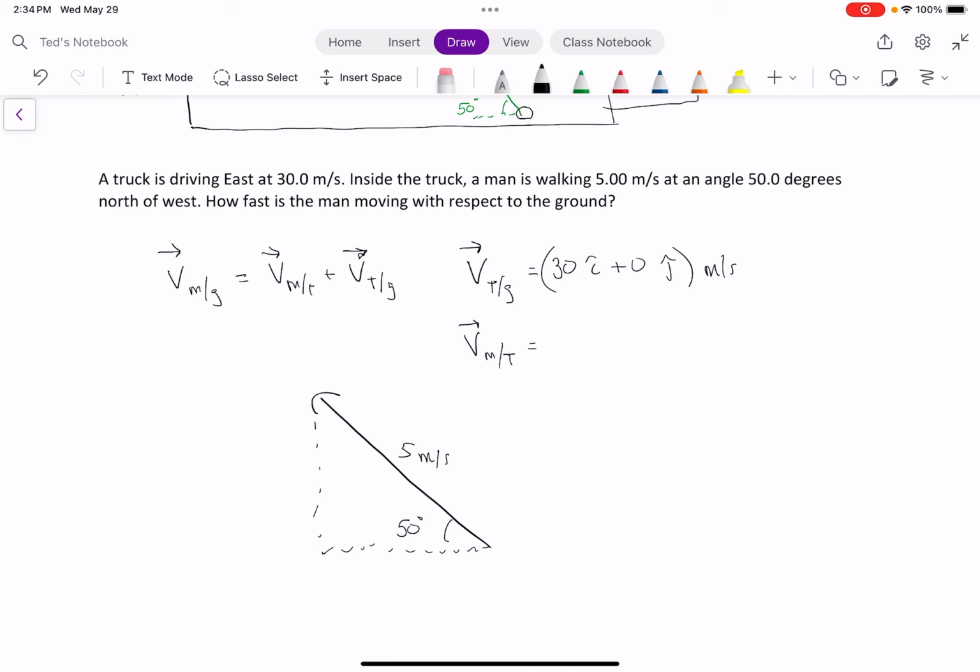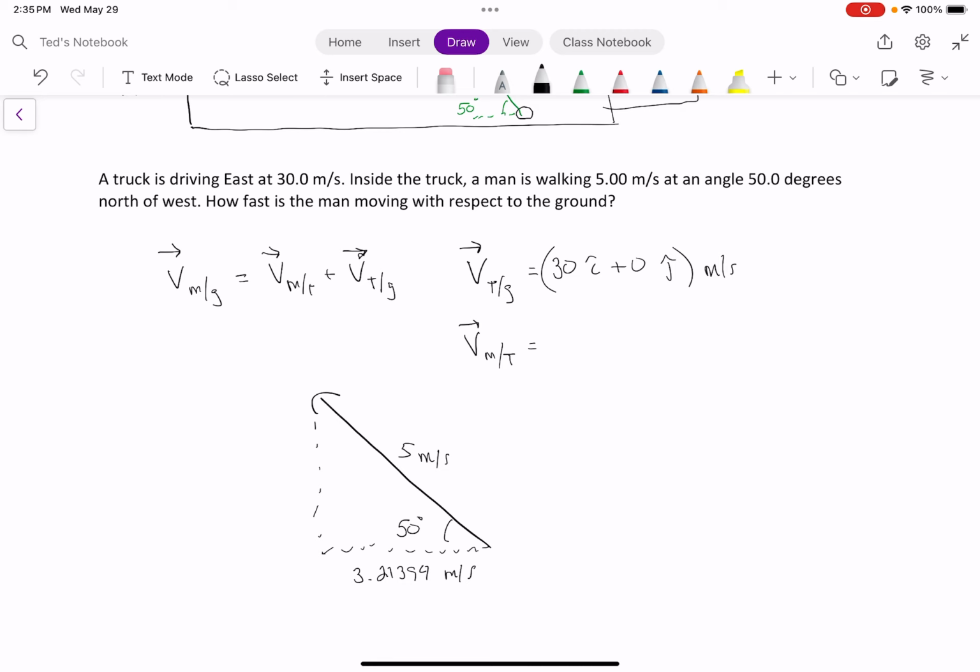So to find the base of the triangle, we're going to do 5 times the cosine of 50 degrees, and we get 3.21394 meters per second. And to get the height of the triangle, we're going to do 5 times sine of 50 degrees.